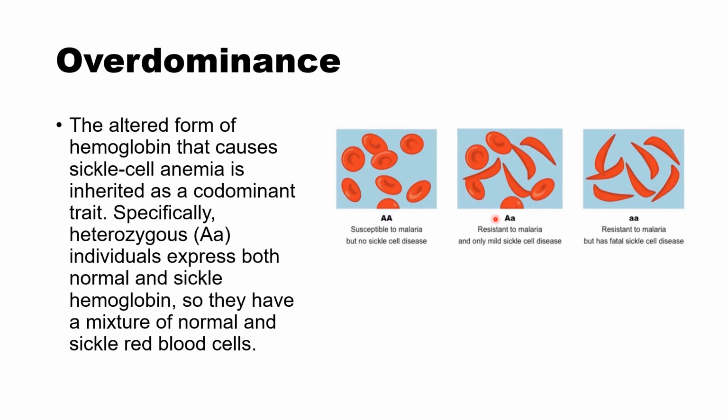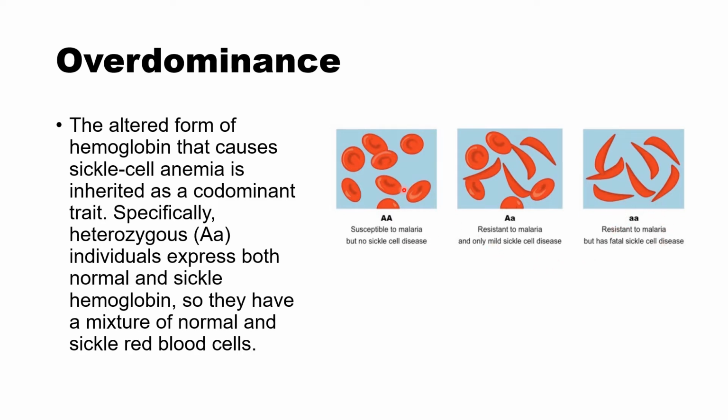Codominant daw, parang ganito. So you have yung parent mo, like for example, you have yung normal na red blood cell na shape ng red blood cell. Then yung isa, meron siya nitong sickle cell na tinatawag. Ganito yung shape ng red blood cell niya. So yung normal red blood cell na shape, it is dominant, while yung sickle shape na red blood cell, it is recessive.